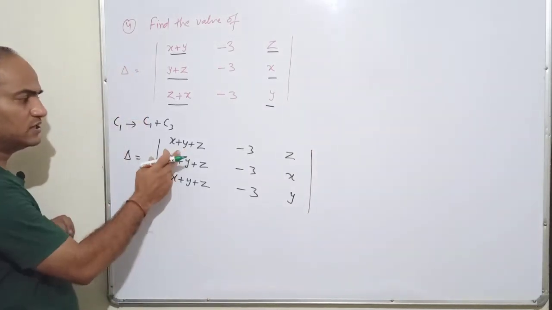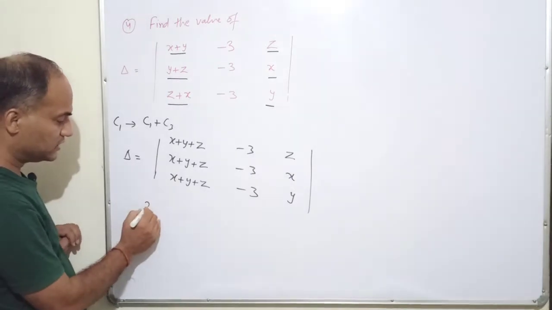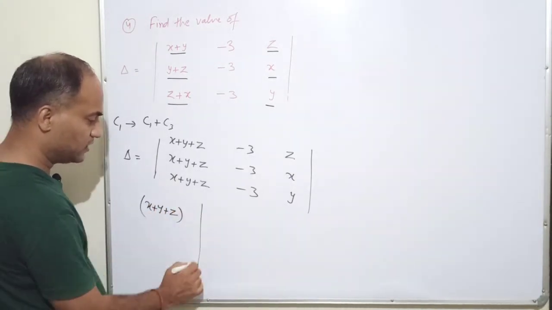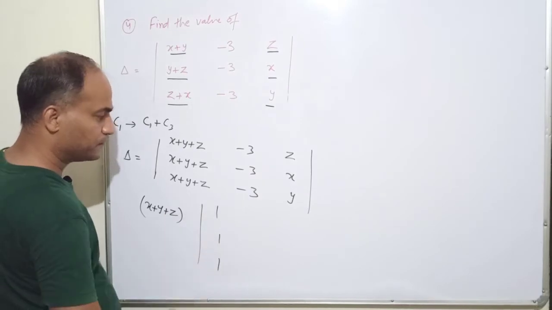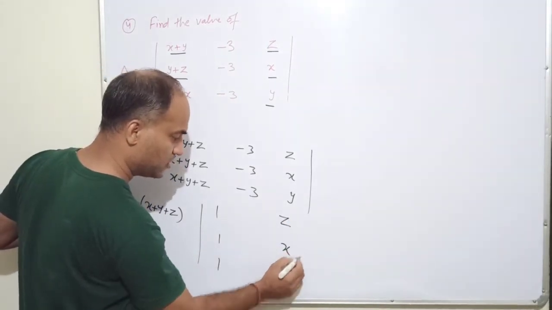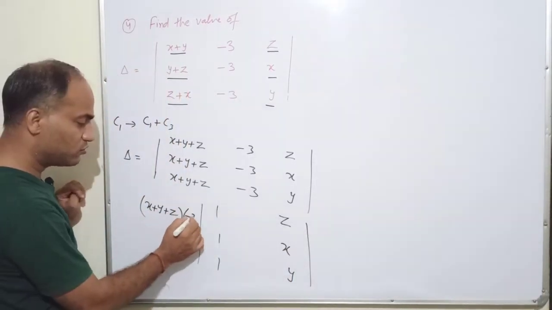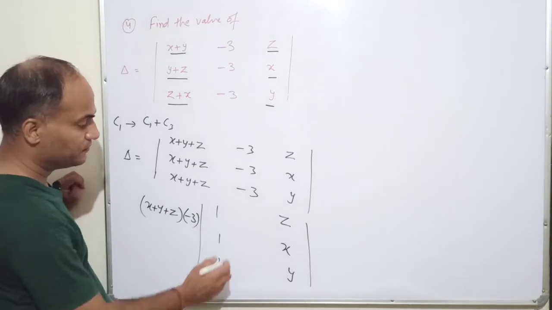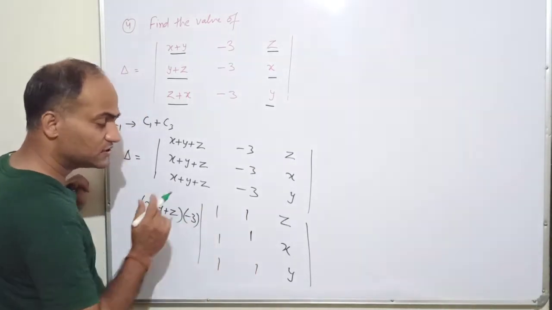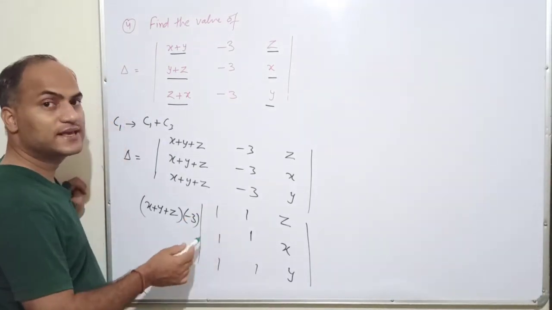Now obviously these three values are the same, so we can take x plus y plus z common, and this will become 1, 1 and 1, with z, x and y. Now this value is also minus 3, 3, 3. Take this value common outside, then here also we get 1, 1, 1. And what is the special thing now? These two columns have become the same.